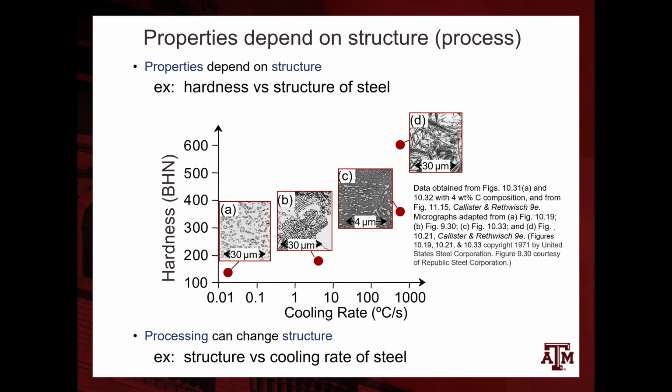Then one clear example where we can relate the microstructure and the processing and microstructure and properties is with the steels. So steels are very versatile material. We use them in many applications, and that's because we can relatively change these properties. So one important mechanical property that we're going to talk about in detail later is called the hardness.